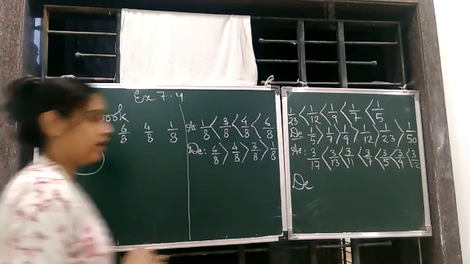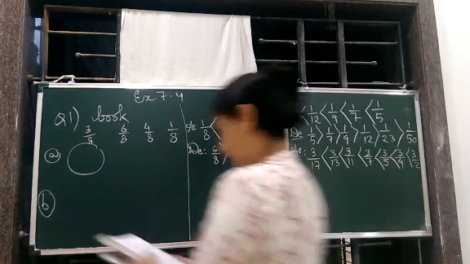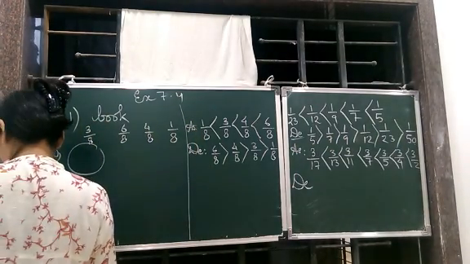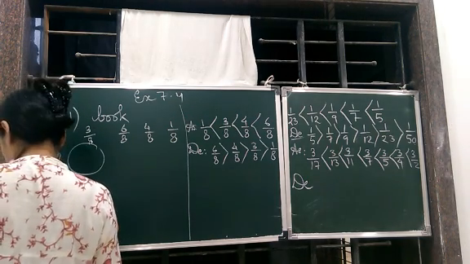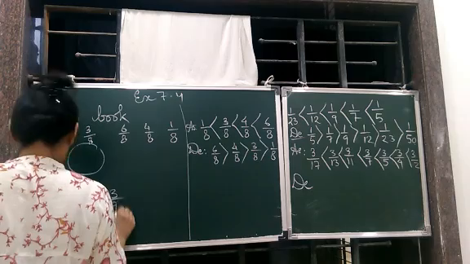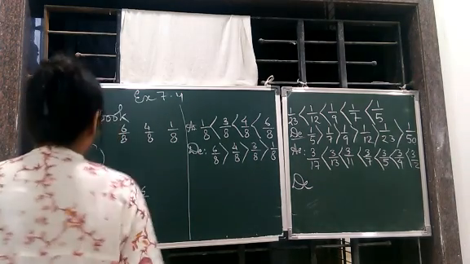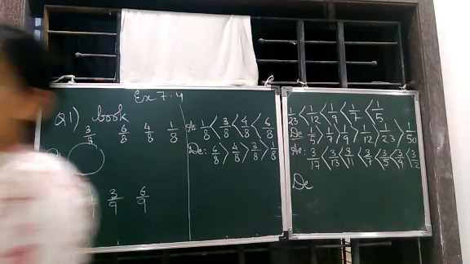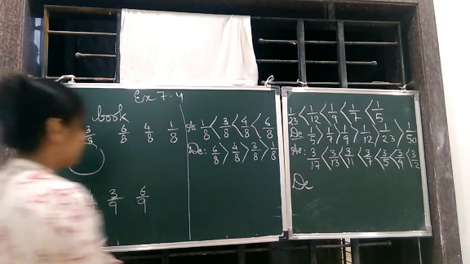Similarly is B. Again there are diagrams. You can write above or below the diagram the numbers, 8 by 9, and so on. Denominators are same. So when the denominators are same, bigger is considered bigger, smaller is considered smaller.